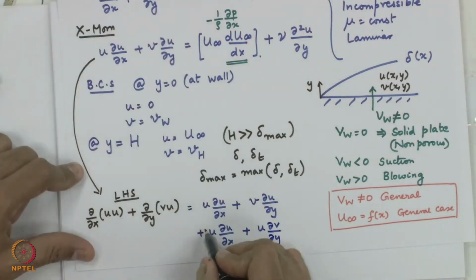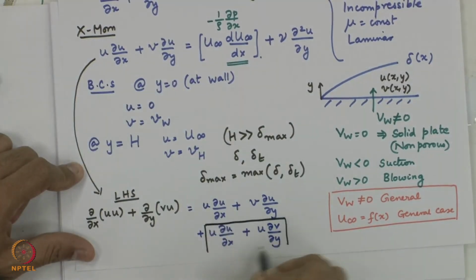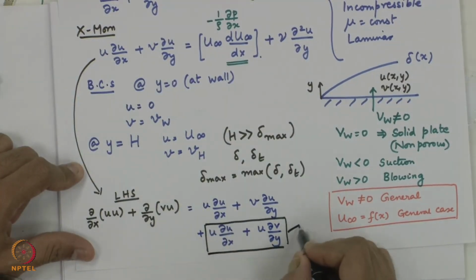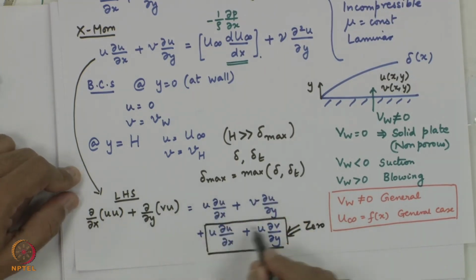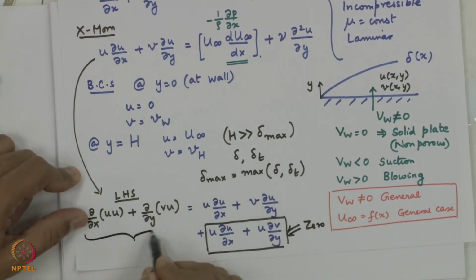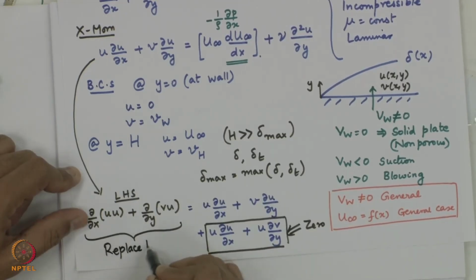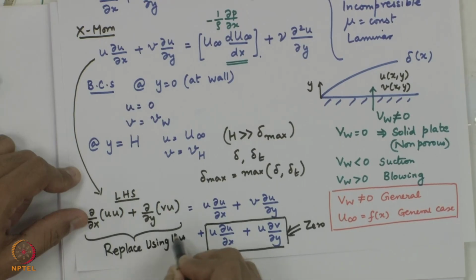What about this? By continuity, this is identically 0. So, I can replace the left hand side of the momentum equation using this.